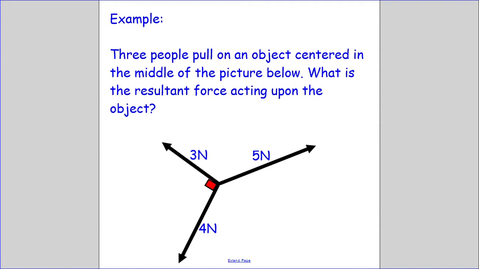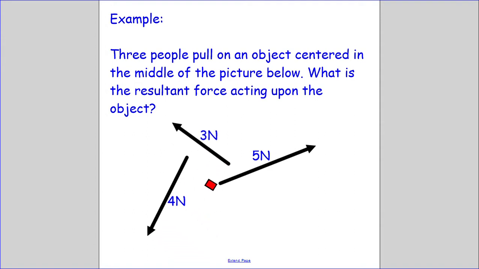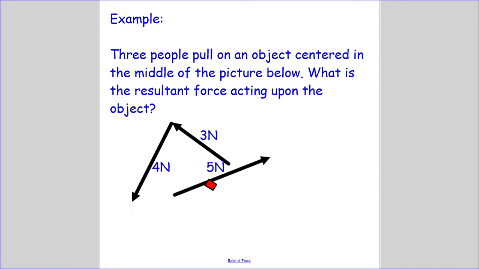So if I start off with my 3 Newton force, and at the end of that I connect on my 4 Newton force, and then at the end of that I connect on my 5 Newton force, what we actually see here is that the overall forces, do you see how it closes in? So start to finish here, the net force, I have no line to draw because it's zero. I have a closed shape, so I have no net force acting on this object.